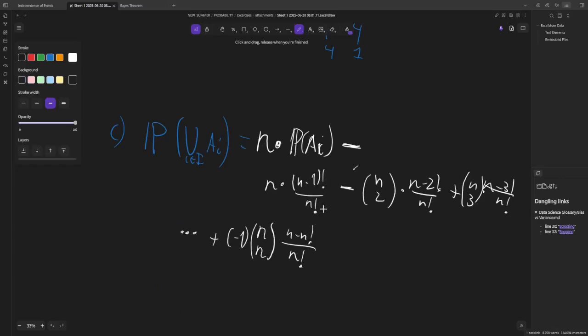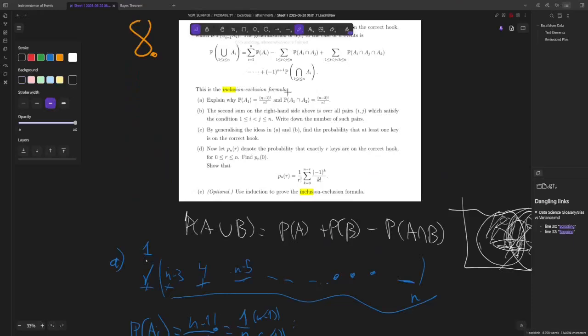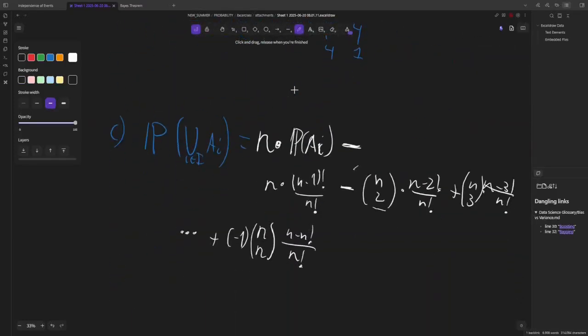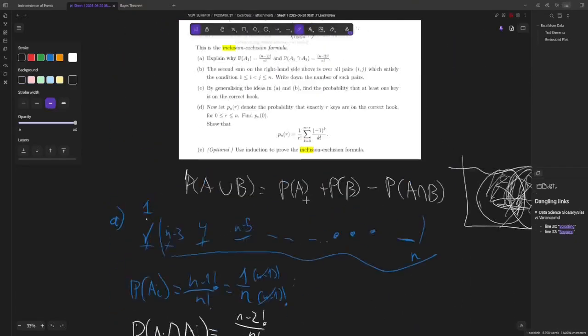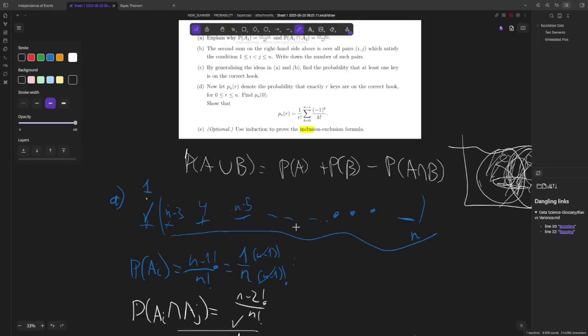For this it seems like you want to divide by 2 because you only represent 1 with i less than j. However, here, how many ways do you have to arrange the n elements? I would say n.